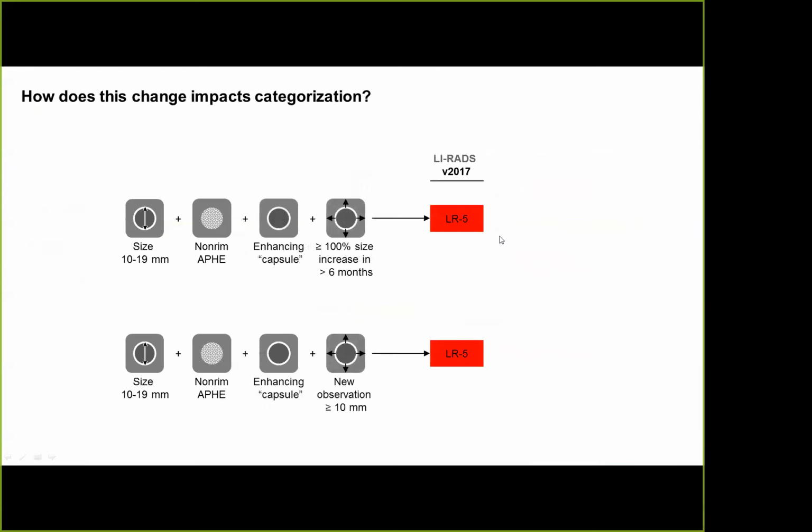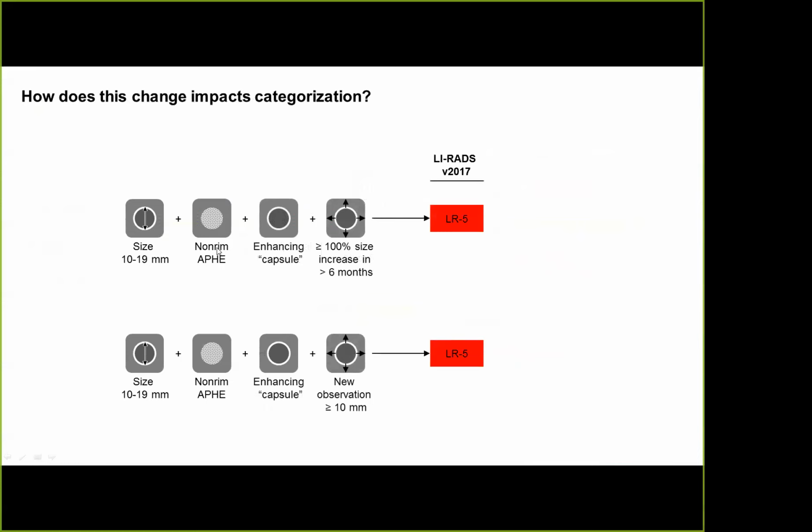For instance, the lesions which previously had, if you remember, sorry, come back for a second.